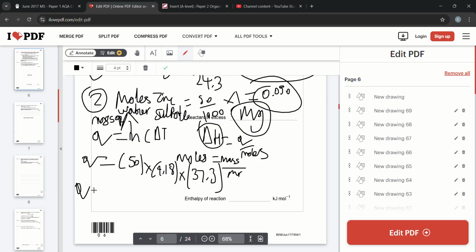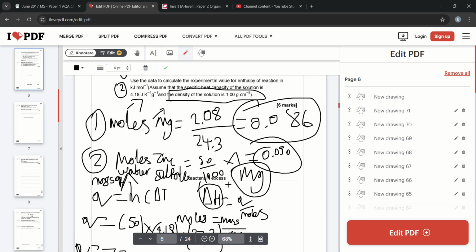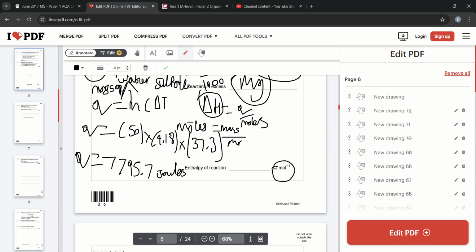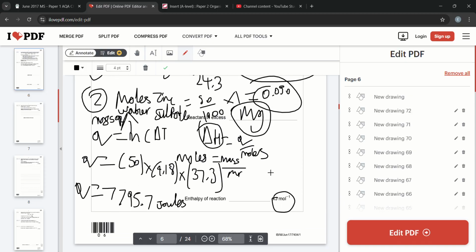That will give me Q equal to, if we do 50 times 4.18, mass of water times specific heat capacity, times ΔT 37.3, 7795.7. But remember, this is in joules, so be wary of that, because the final answer needs to be in kJ mol⁻¹. Next thing we need to do is find out the moles.